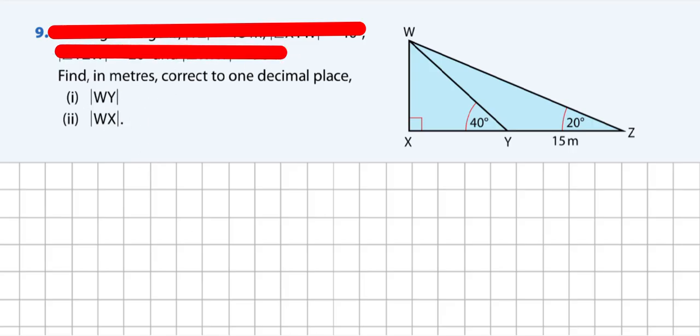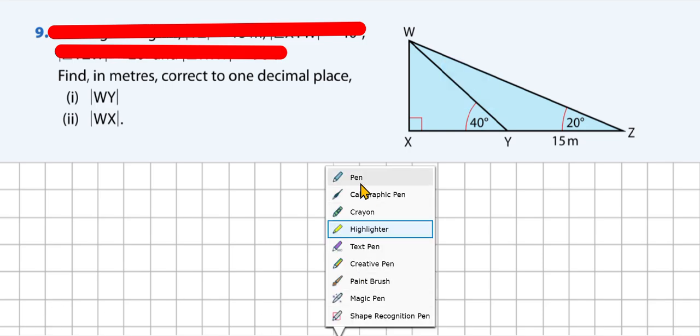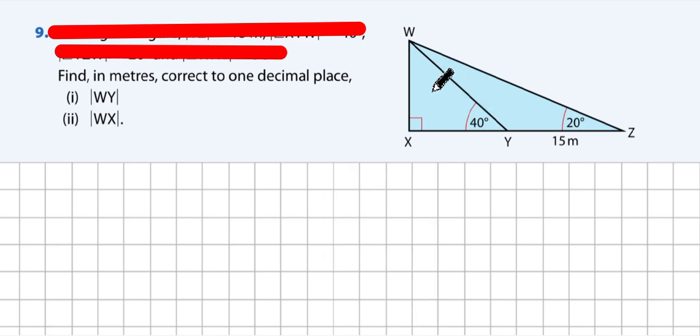Okay, so what's the first question asking? We call this Y, sorry. We'll call this X. Now, here, we already have an X, I need another one. I'll just call it M, is that okay? Now, which triangle has more information? The one on the left or the one on the right?